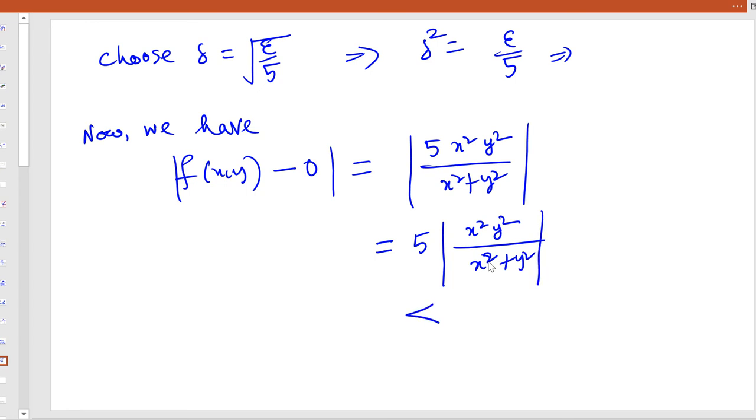Now this is our claim, that this is less than epsilon. So here delta square equals epsilon.